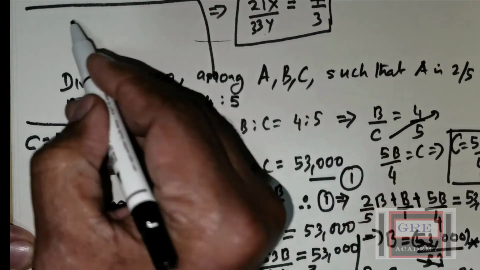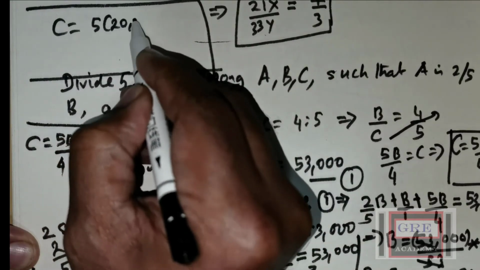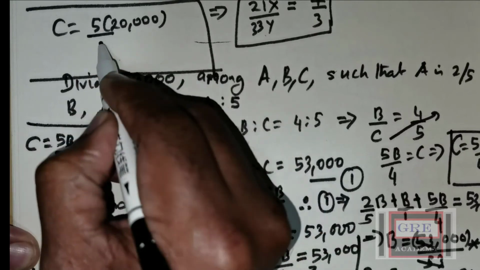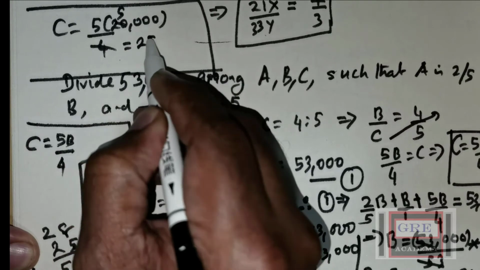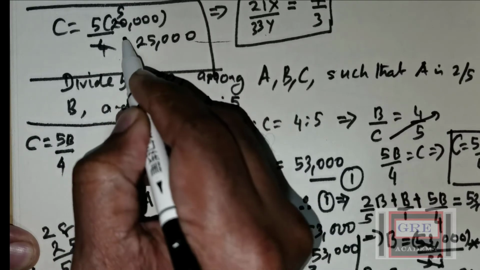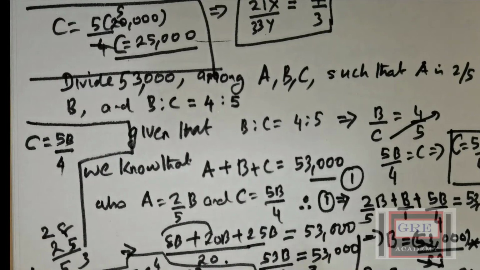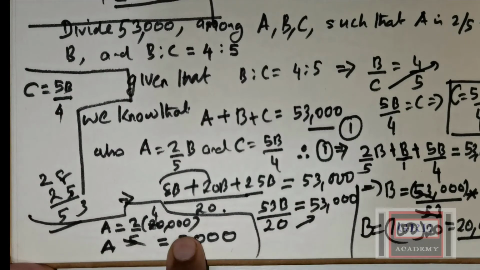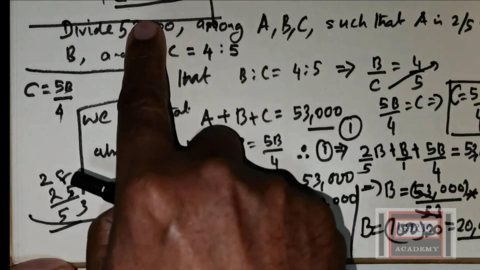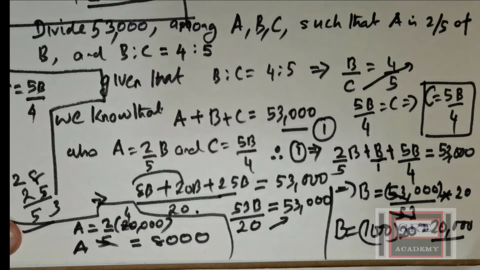So C is going to be equal to 5 of 20,000 divided by 4. 4 divides here 5 times. 5 times 5 would give you 25,000. So this is the value of C. Okay, so B is 20,000 plus C 25,000, that's 45,000, plus A's value is 8,000. Totally we get 53,000. So that completes the solution for this question.